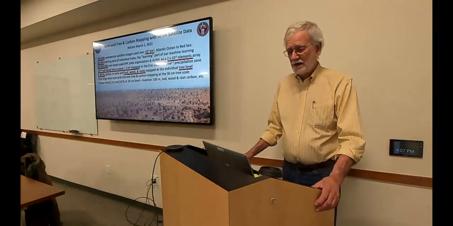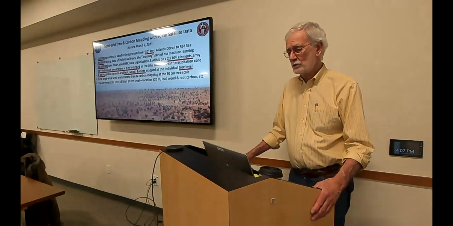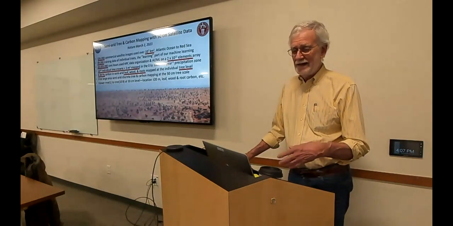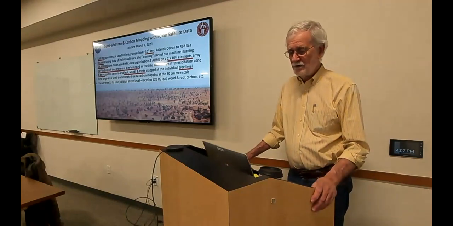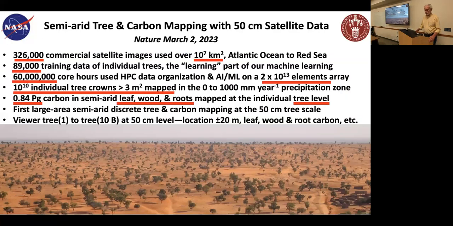So this is just a summary. We used 1/3 commercial satellite images over 10 million square kilometers, 90,000 training data, the learning part of our machine learning. We burned a lot of high performance computing on an NSF machine called Blue Waters. We had to operate upon an array of 2 times 10 to the 13th elements.